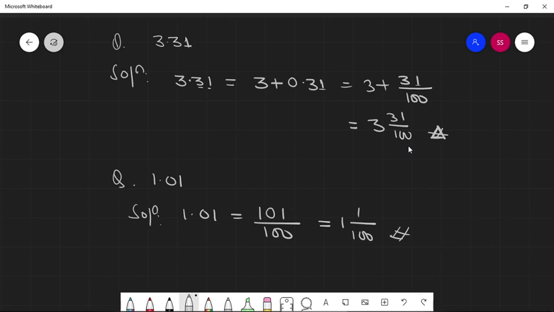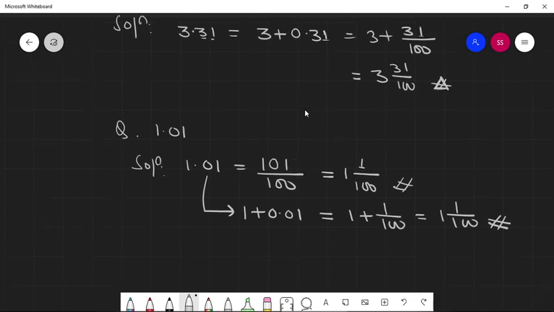If you divide this, 1 will be the remainder. Or by the same step, 1 plus 0.01 equals 1 plus 1 over 100, simply written as 1 whole 1 over 100. This is the simplest form. In this way we can solve this question.